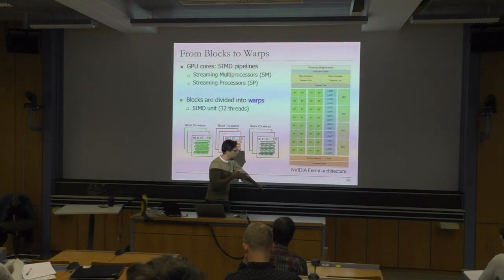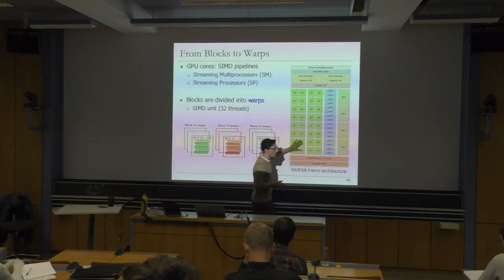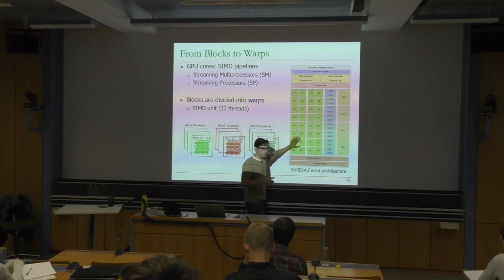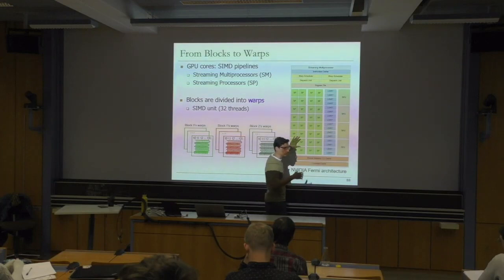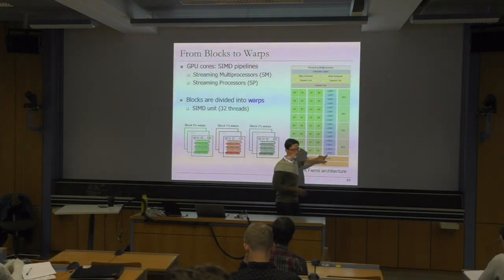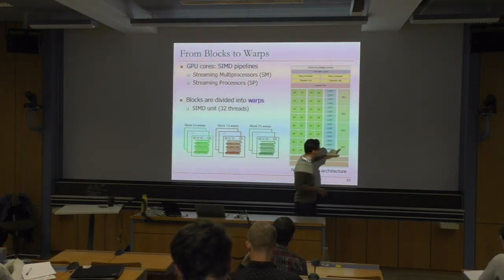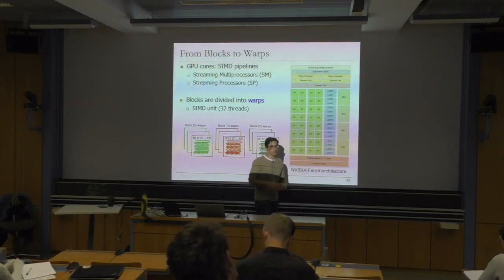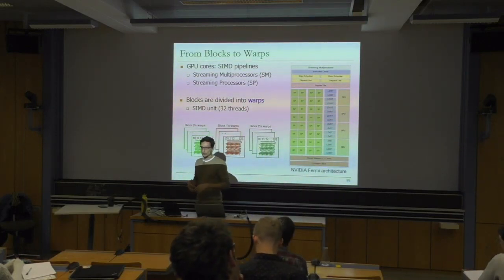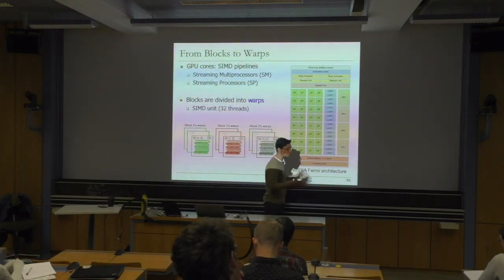Because each of these lanes is a pipeline. In vector processors we have different types of units. For example, we have these SPs that execute integer and floating point operations like additions and multiplications. Here we have other units specialized for loads and stores, and then we have this SFU, a special function unit that can execute more complex operations like transcendental functions and trigonometric operations.